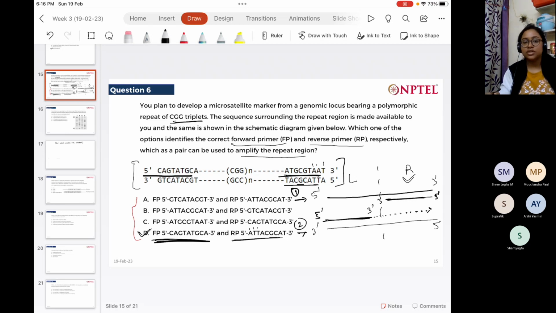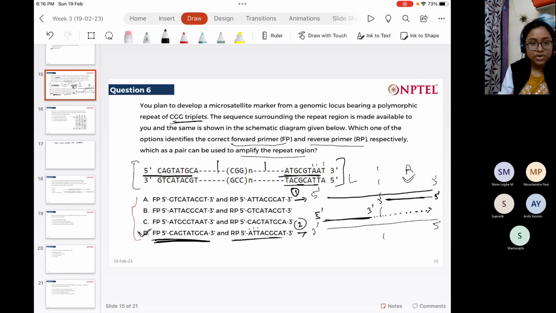Whenever you are doing PCR and want to amplify this region, you choose the flanking sequence, which will be around 15 to 20 base pairs. Here they have shown very little, but for specific binding we go for a bit longer sequence, but not too long. 15 to 20 is optimum.